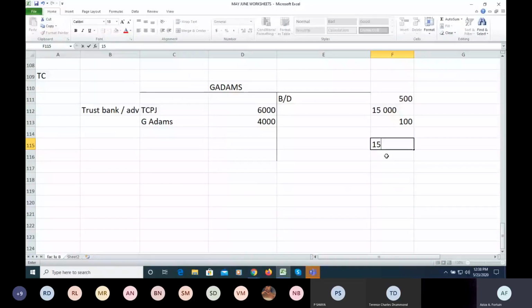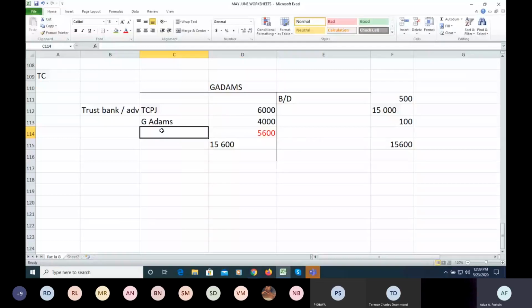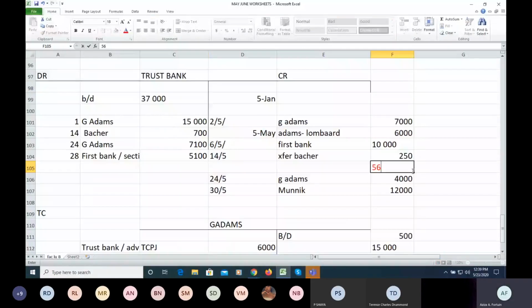Remember the transfer that I explained to you the other day, how to do the transfer to the client's ledger. So you're going to do the 5,600 rand here, and that is your transfer now. So that 5,600 rand I'm going to put in here, and that is what you're going to pay.